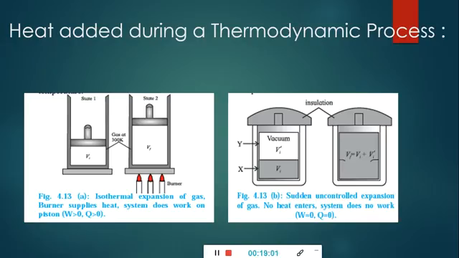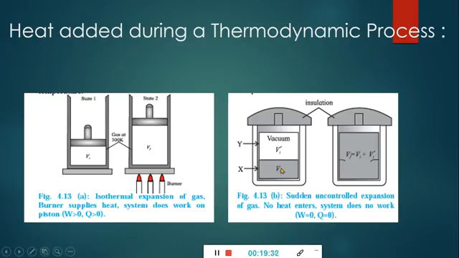the gas cylinder is now surrounded by an insulating material and it is divided into two compartments by a thin breakable partition. The compartment X has a volume Vi and the compartment Y has a volume Vi dash, so that Vi plus Vi dash is the final volume.